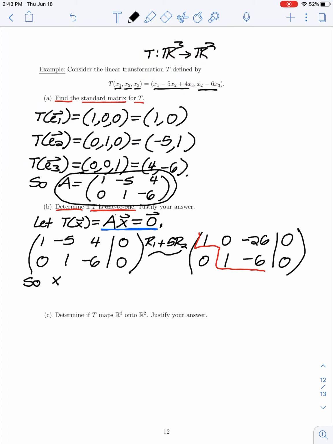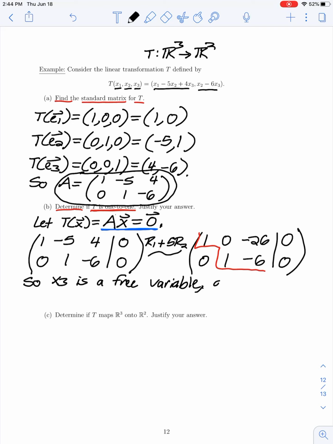So here, x3 is a free variable. And we saw from our section 1.5 material that if there exists a free variable for a homogeneous linear system, there is a non-trivial solution.